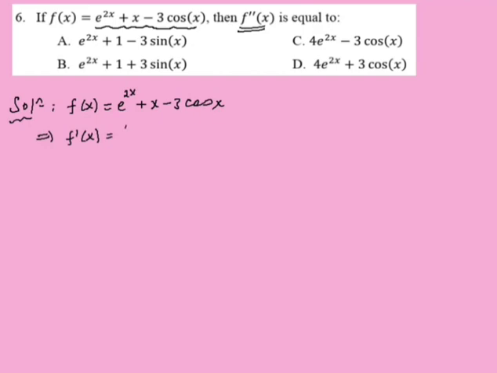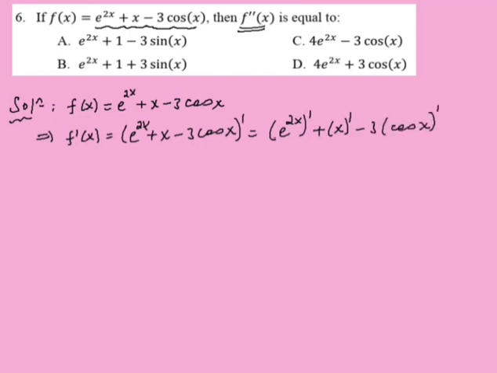The first derivative of this expression is e to the power of 2x plus x minus 3 cos x, so we differentiate term by term. This is the derivative of e to the power of 2x, plus the derivative of x, minus 3 times the derivative of cos x.